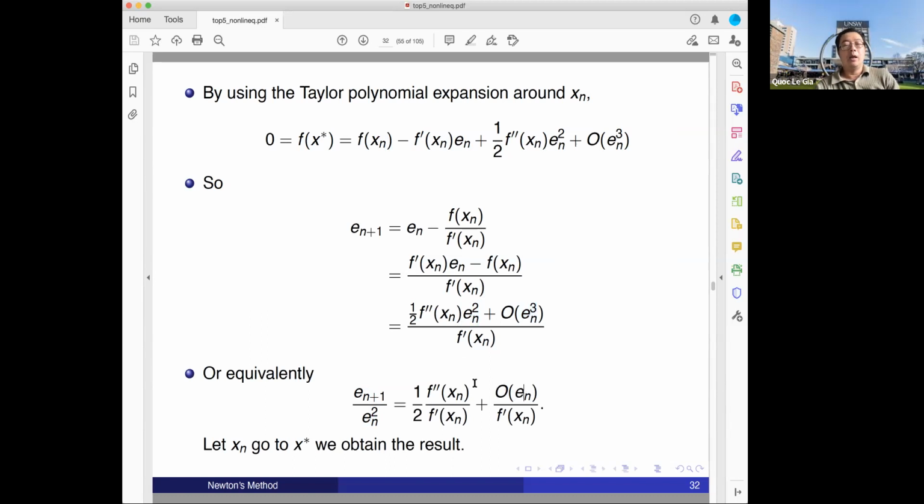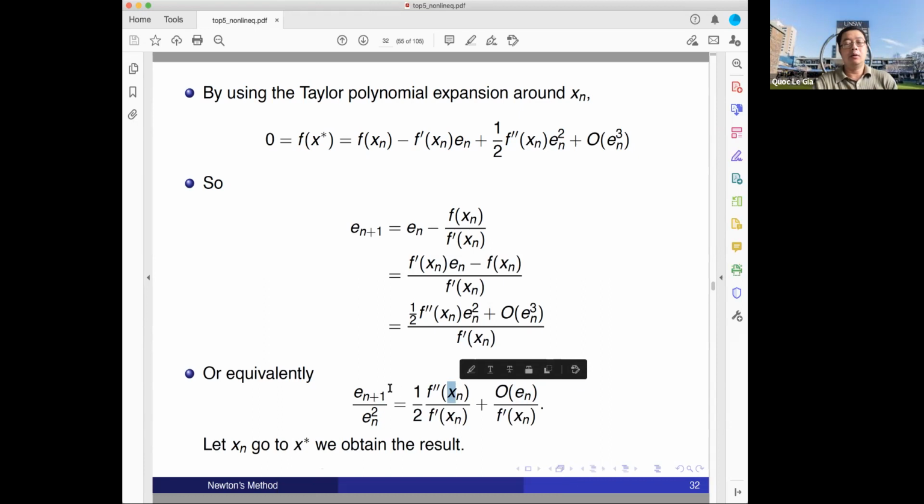Now if xn goes to x star, then en goes to what value? 0. Yes. Remember, the error is just the difference between xn and x star, and xn goes to x star as n goes to infinity.